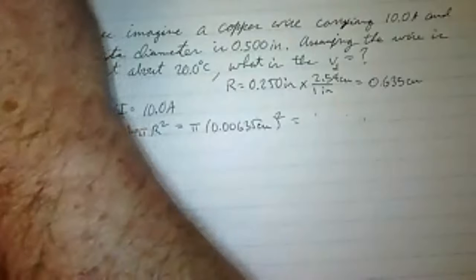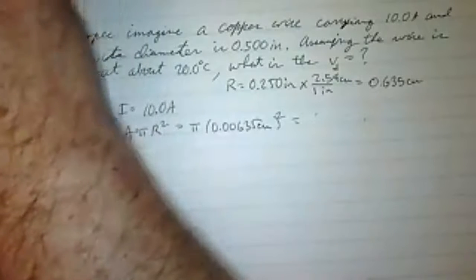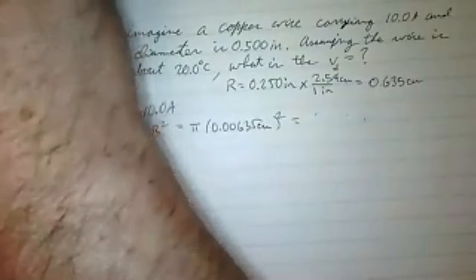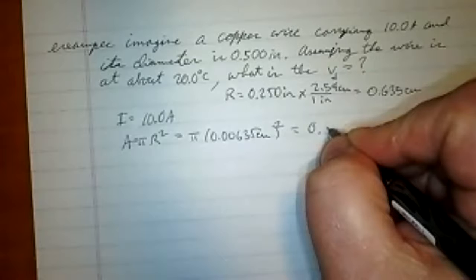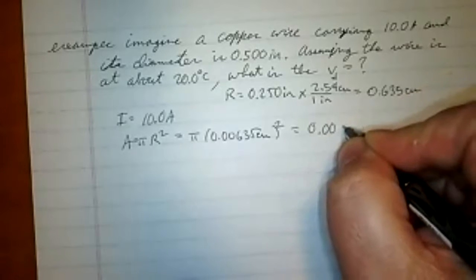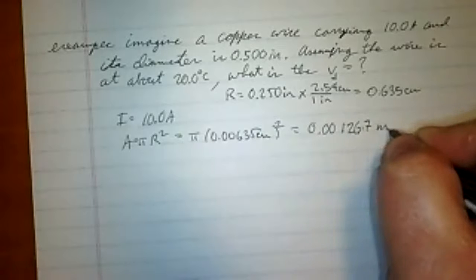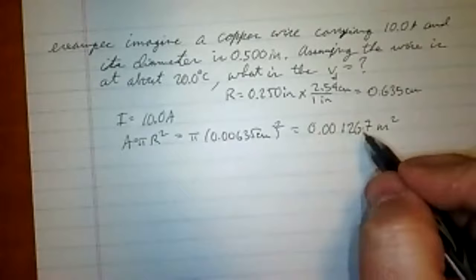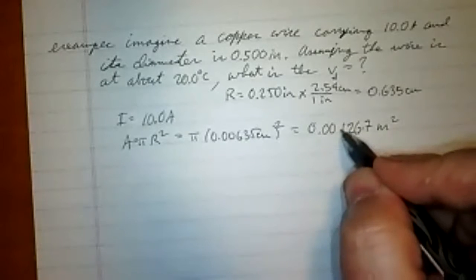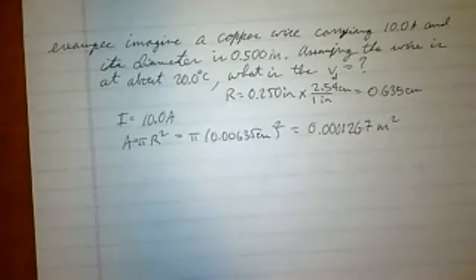So 0.00635 squared times 3.14159 gives me 0.0001267 square meters. It's supposed to be 126 times 10 to the negative 6, so 10 to the negative 6 would be 1, 2, 3, 4, 5. Oh yeah, I did another zero in there. Okay, so that's the area.